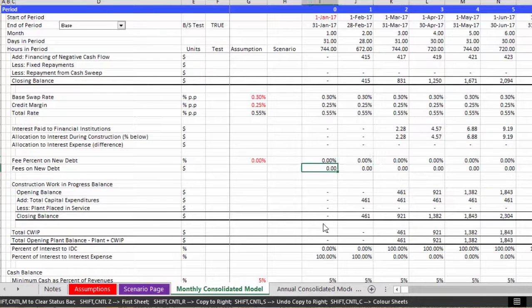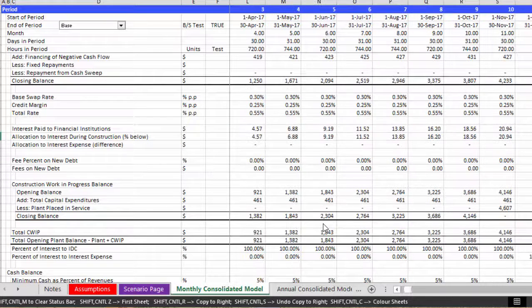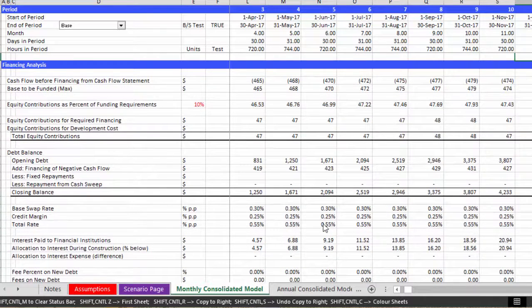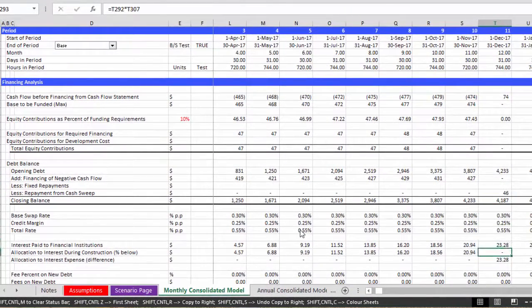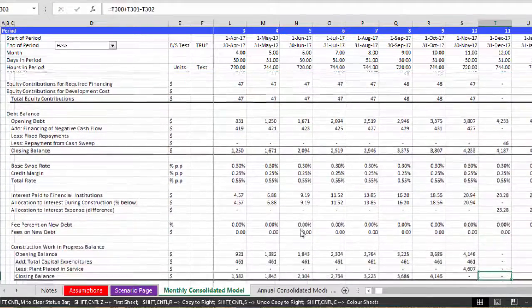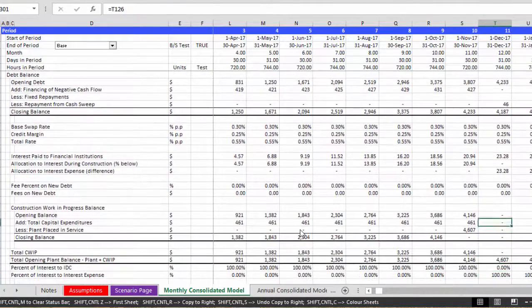And then we determine how much of the interest here is capitalized and expensed, and correctly the interest is capitalized until you begin operations. I don't know how to prove that this is when you begin operations.